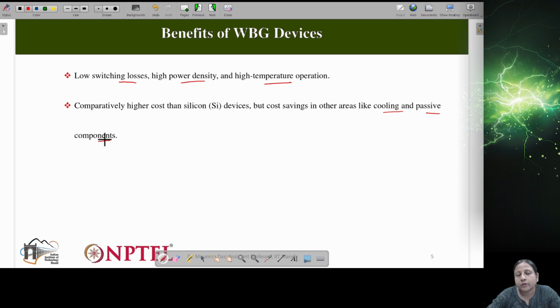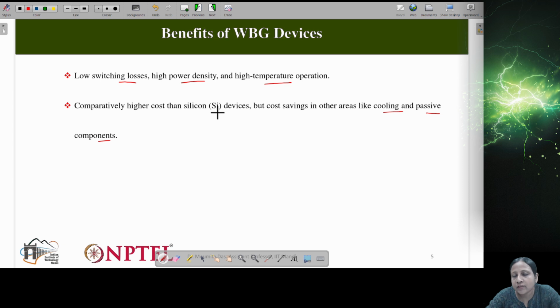Okay, so now when we say we are going to use wide bandgap devices, we cannot directly use them, as I have discussed earlier regarding the challenges. If we have to use wide bandgap devices, the technological development should be such that cost needs to reduce, but at this moment that is not possible. The other question is the converter configuration. For conventional silicon devices, the converter configuration can be whatever suits silicon devices.